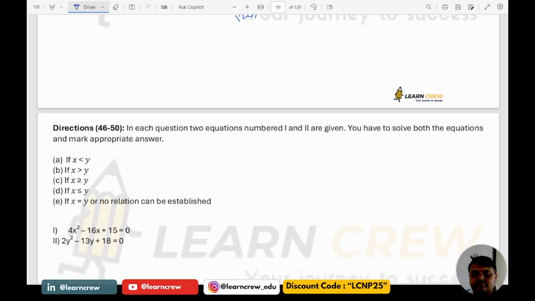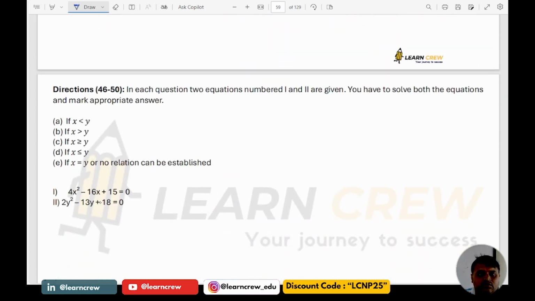Next, based on now quadratic, you have 5 questions. Please see here 4x square. So here I will get x as 4 into 15 is 60. 60 means 10, 6.